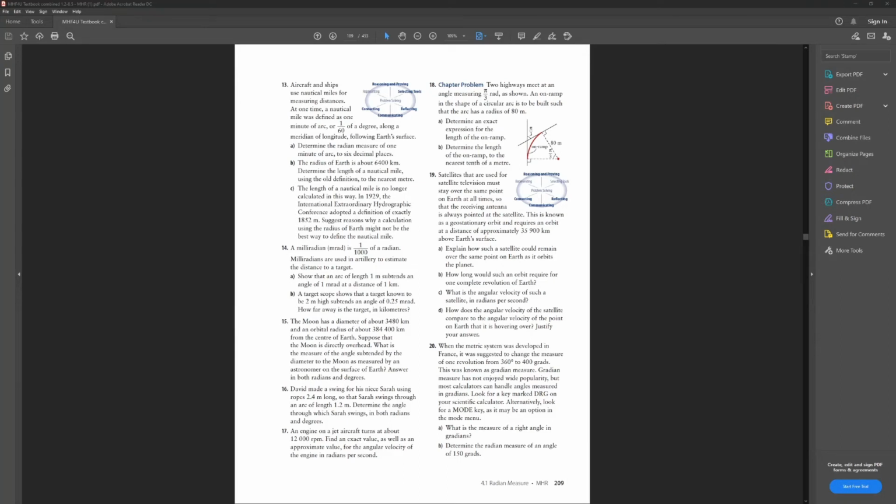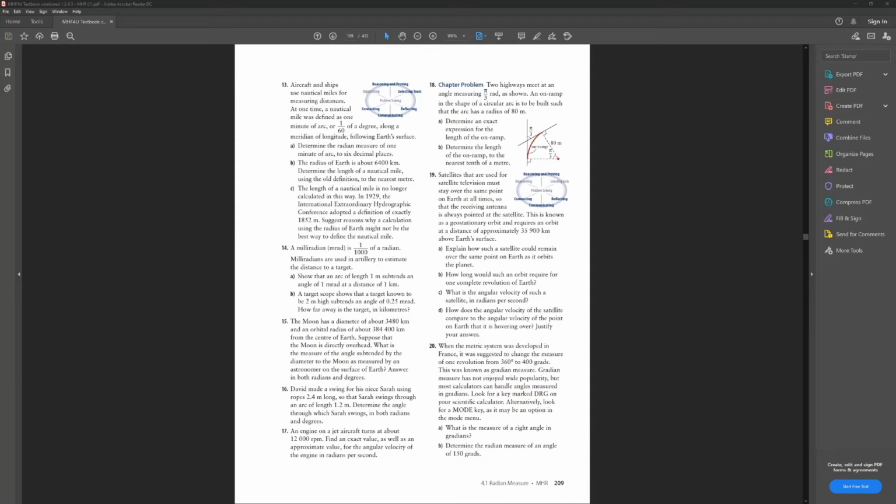Okay, so the old definition, what is it defined as? It was defined as 1 minute of an arc, 1/60 of a degree along the meridian of longitude.